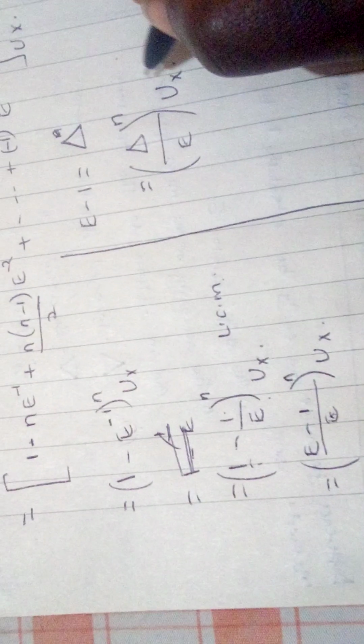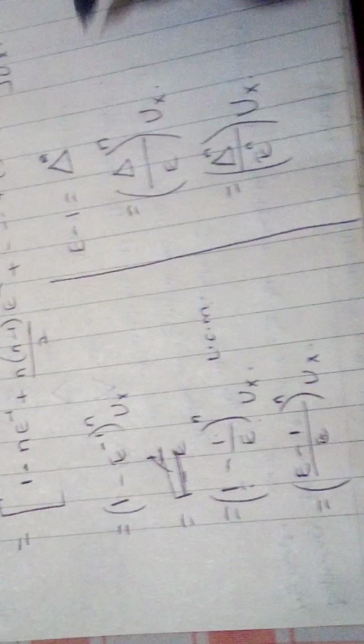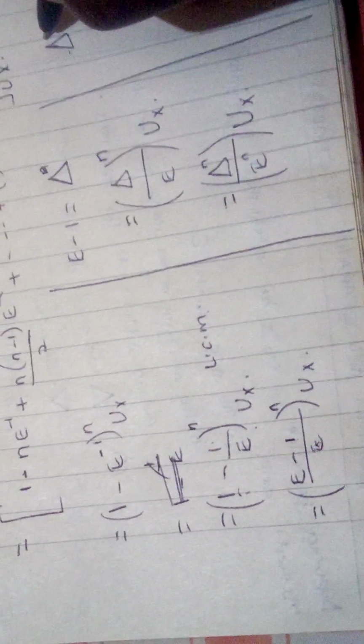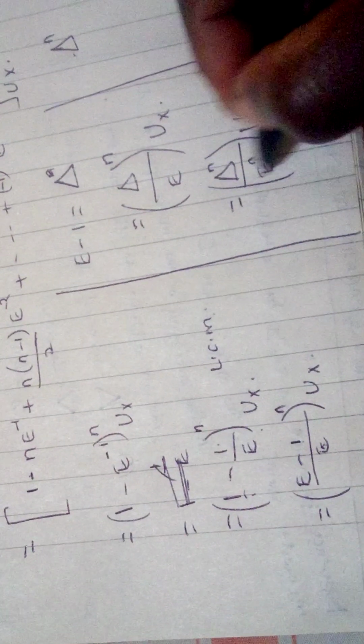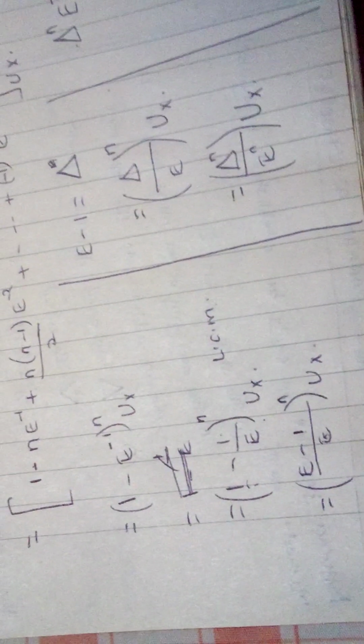This is the function value. So we are going to have the forward difference to power n divided by the shift operator to power n multiplied by u(x). When we put the reciprocal of this, we have the forward difference operator to power n multiplied by E to power negative n u(x). Are we together at that point?